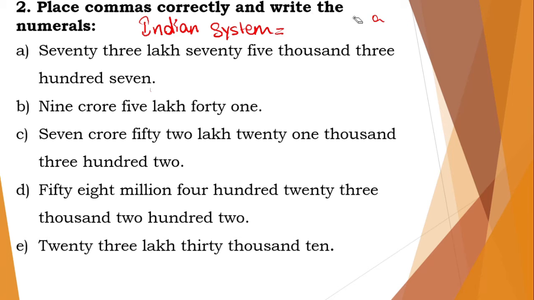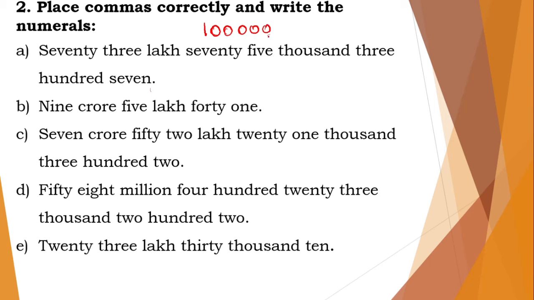So initially we put the comma after every 3 digits and then afterwards we'll put the commas after every 2 digits. Like if we write 1 lakh now, first initially means first comma will be after every 3 digits. Only the first comma will be after every 3 digits and then we can put the commas after every 2 digits.